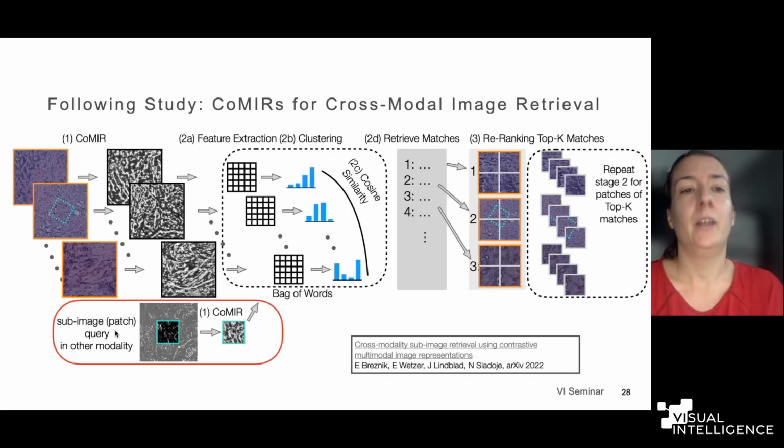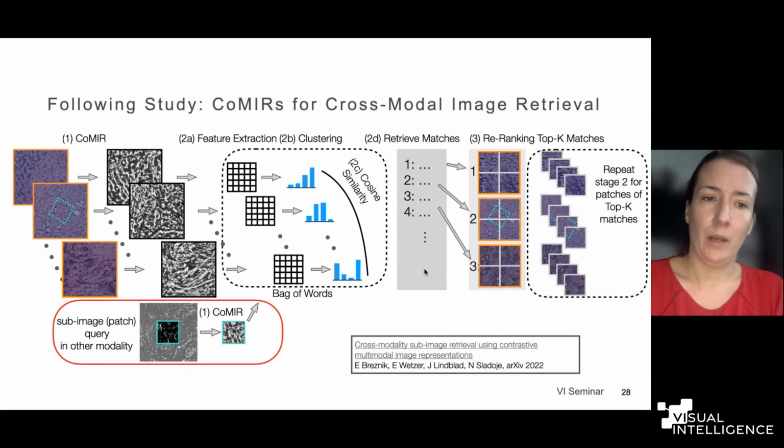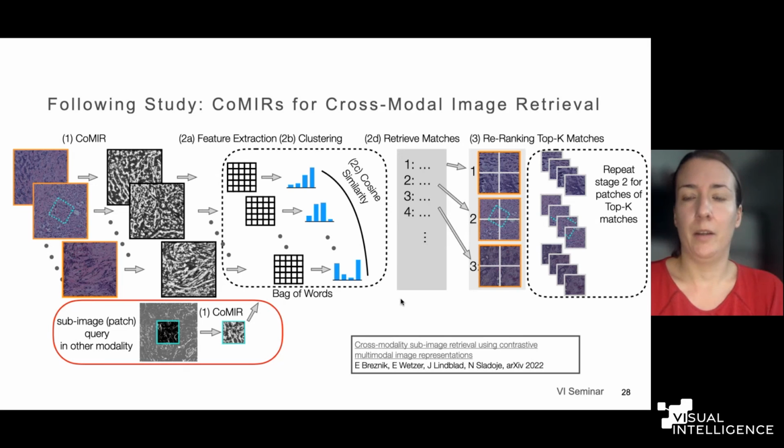And what we had done here is to encode the entire database into Comirs and my query patch, and then use a bag of words where I extract some SURF features that I cluster into global image descriptors, and then I can match them with cosine similarities, retrieve my matches, and then we did some re-ranking of the top matches on top of that. And that worked pretty well as well for these Comirs.